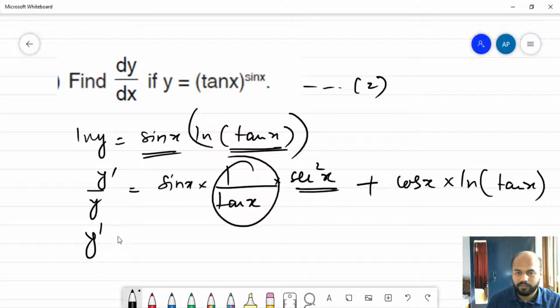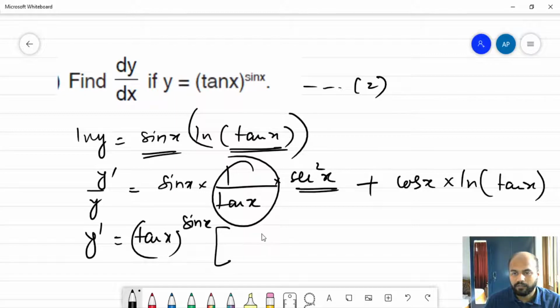So y dash is equal to tan x raised to sin x. Internally, what we are going to get is this: one sec x is going to remain plus cos x into ln of tan x.